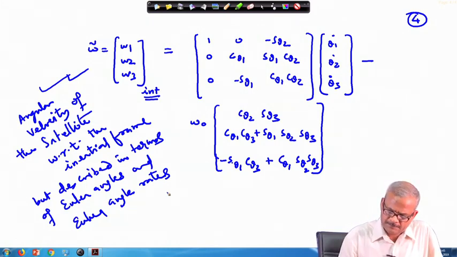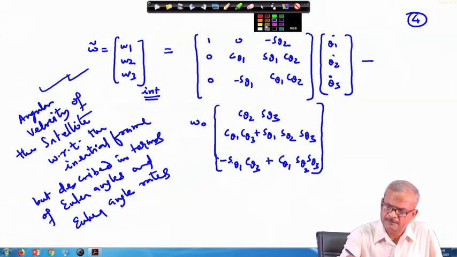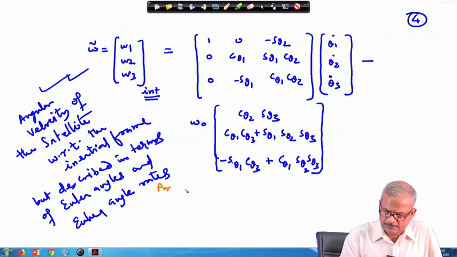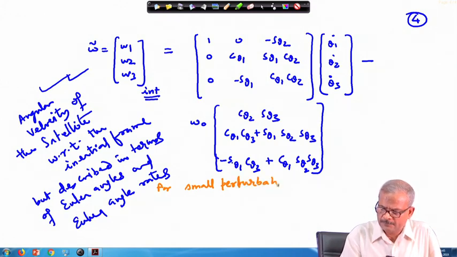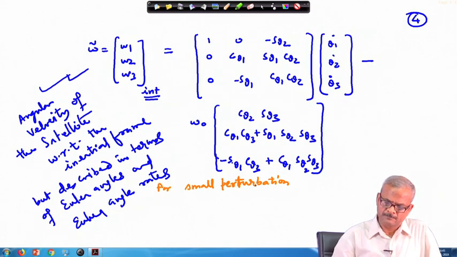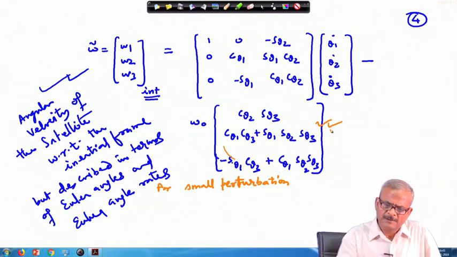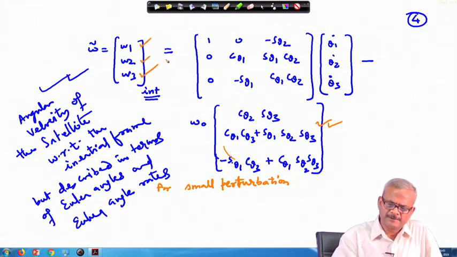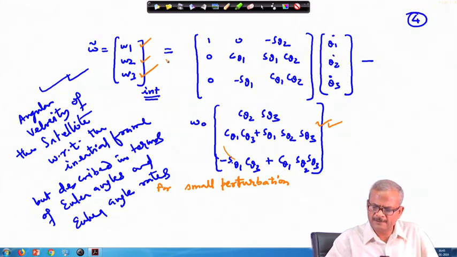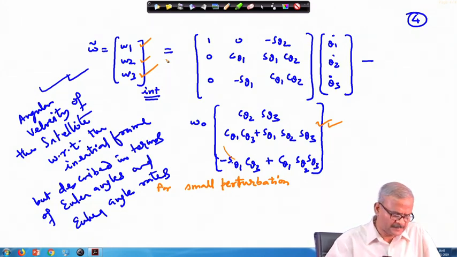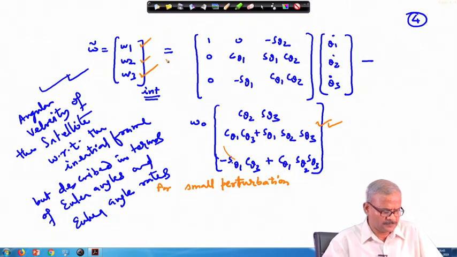Okay, for a small perturbation we can approximate these angles, and then we can get this omega 1, omega 2, omega 3 in terms of the Euler angles and Euler angle rates once these angles involved are small.